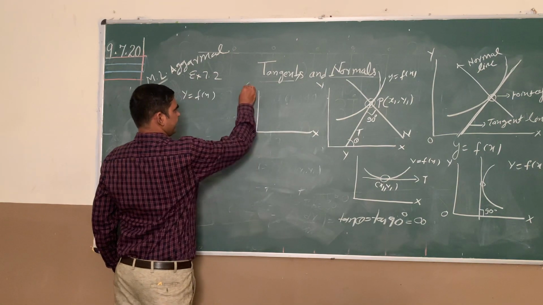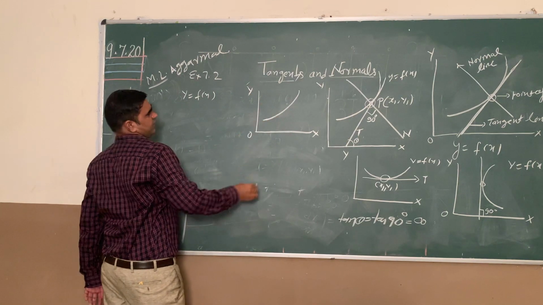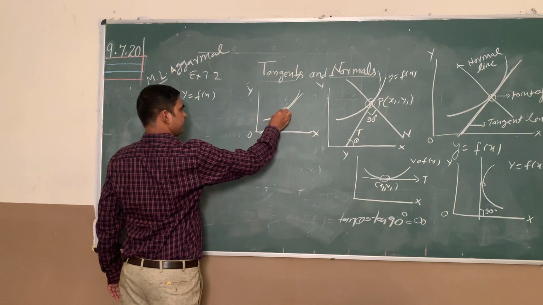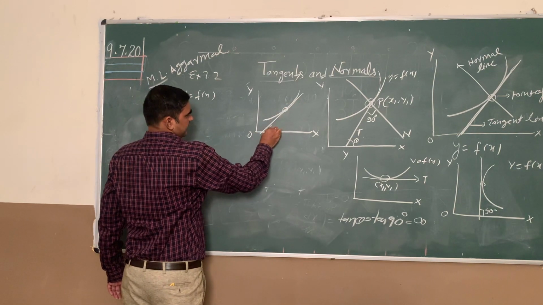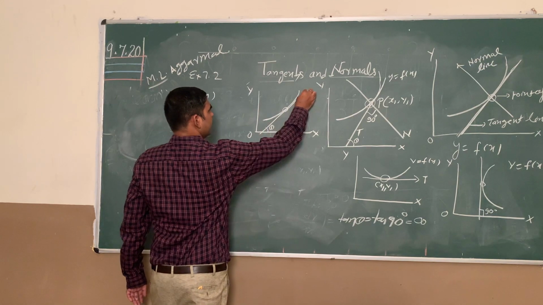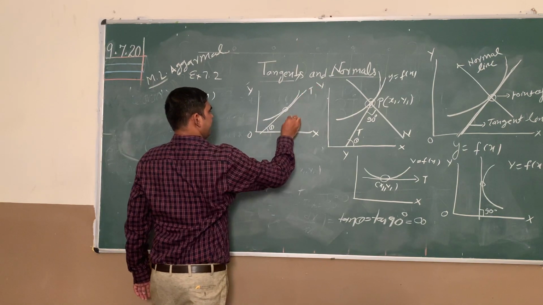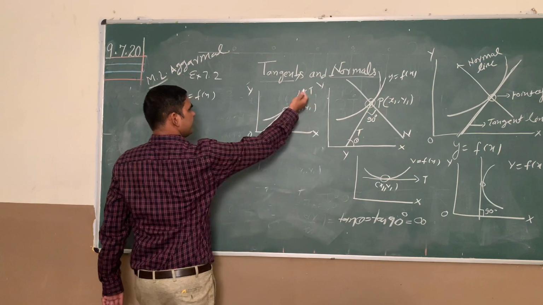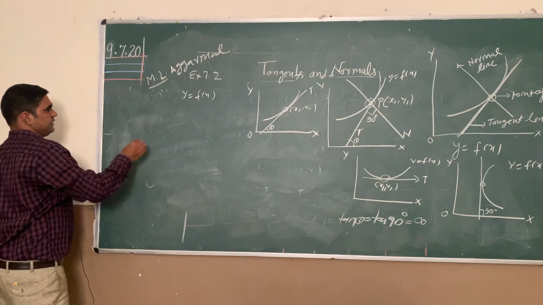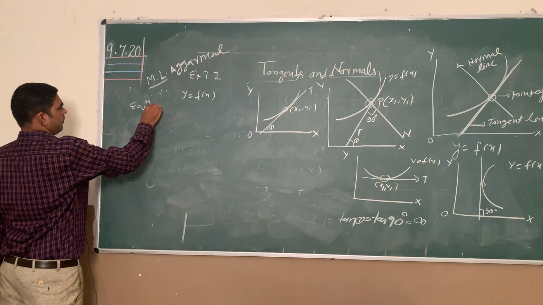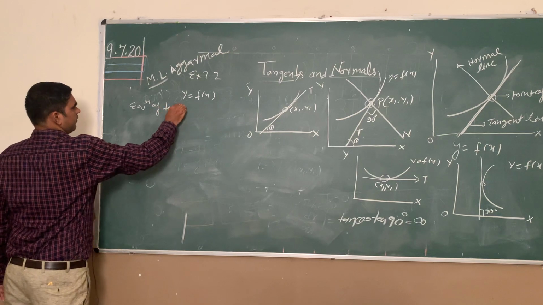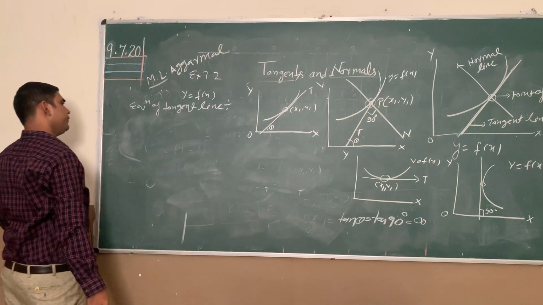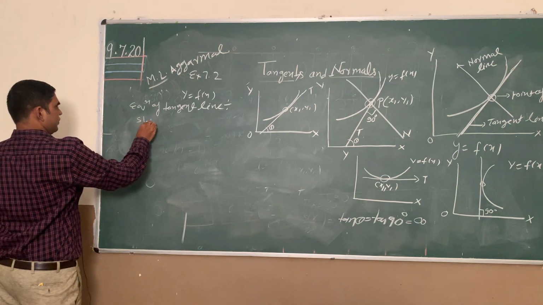We consider a coordinate axis and the curve y equal to f(x), and this is the particular point where the tangent touches the curve, and this line is the tangent line. Suppose this point is (x1, y1). So for the equation of this tangent line, first of all we find the slope of the tangent.